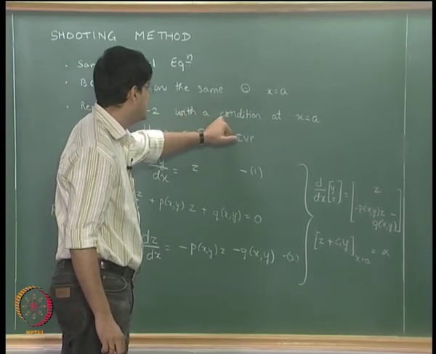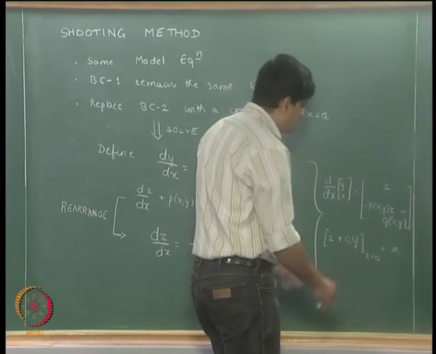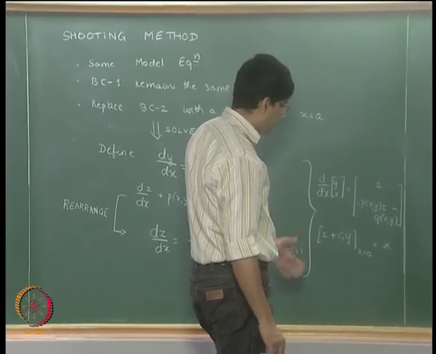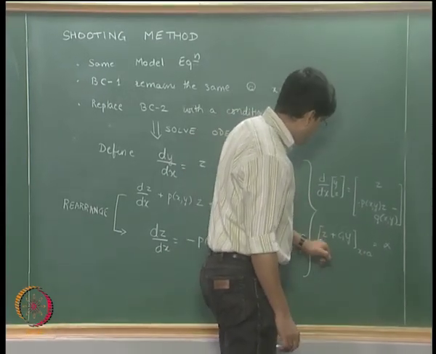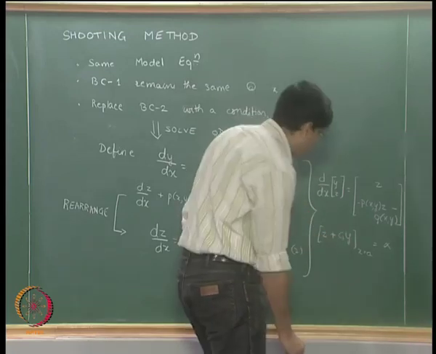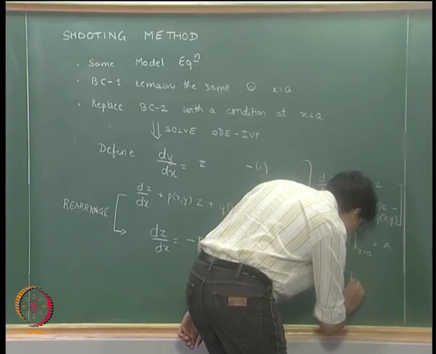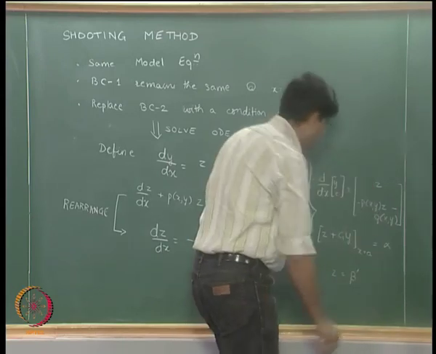And second, we are going to replace the boundary condition BC2 with a condition at x equal to a, and depending on the overall condition, we can choose, let us say, z equal to some value beta dash. Okay.